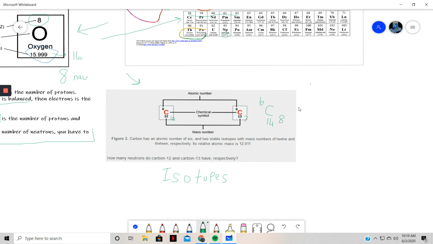And the way we get that atomic mass as a decimal number is we add all these up. We just take an average. So if you think, okay, I have 7 of these, 5 of these, and 8 of these, you add those up and then divide by how many you had, and you would get a decimal number, an average.